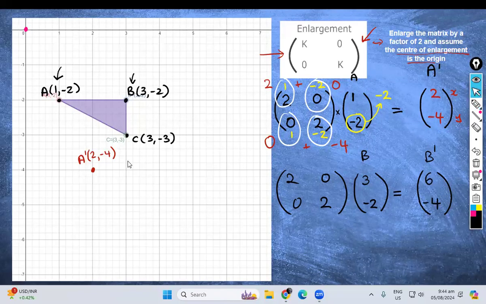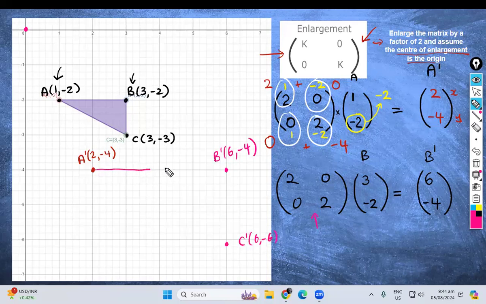Let me plot 6, minus 4. 6, and we go down to minus 4. And if we do the same thing for point C, if we take this matrix and multiply it by point C, we're going to get 6, minus 6. So 6, and we go down to minus 6.